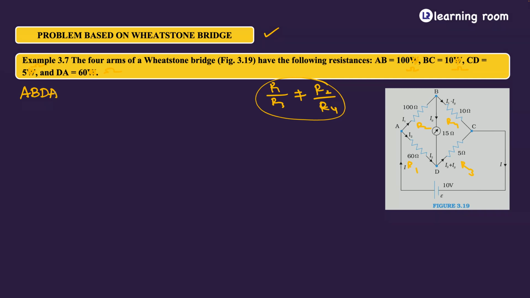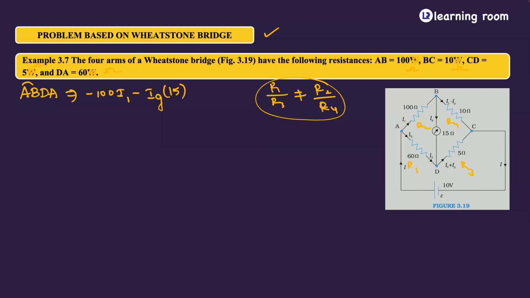So when you apply this to the loop ABDA, when you go from A to B, you're walking in the direction of current. So the answer will be minus 100 I1. Similarly, when you go from B to D, it will be minus IG into 15.